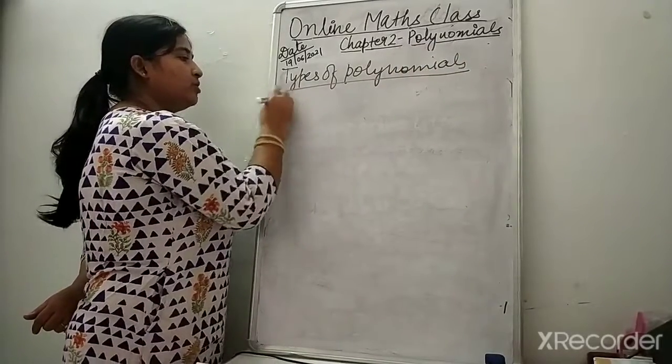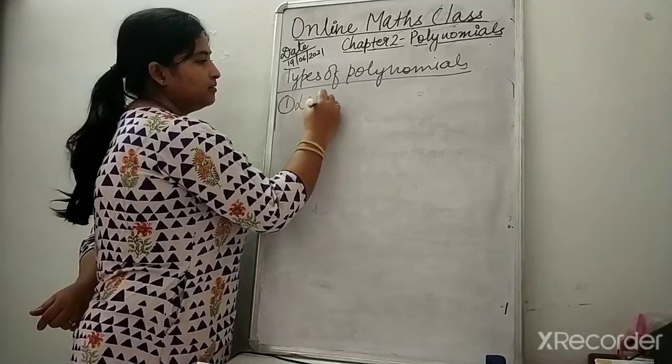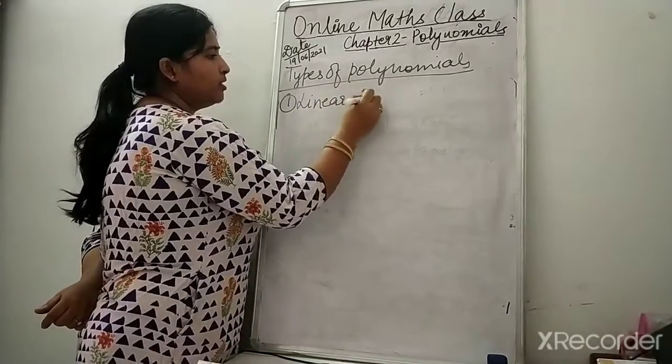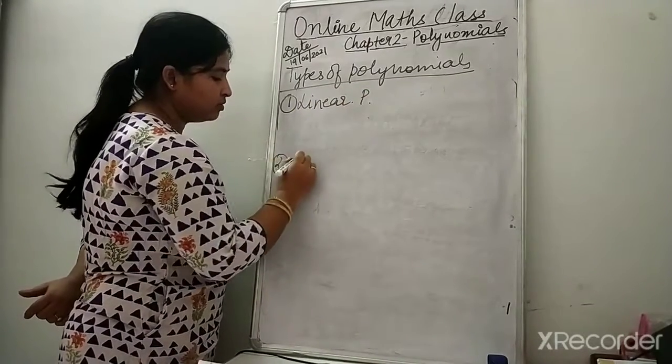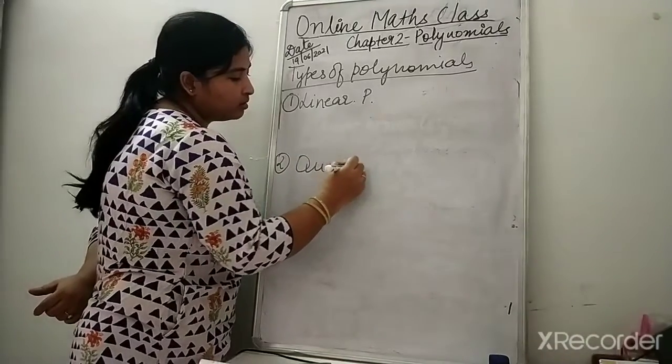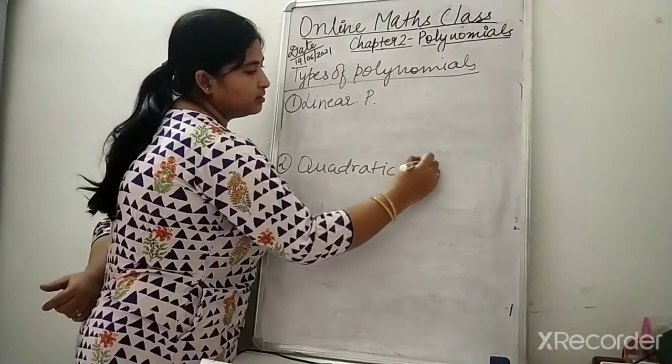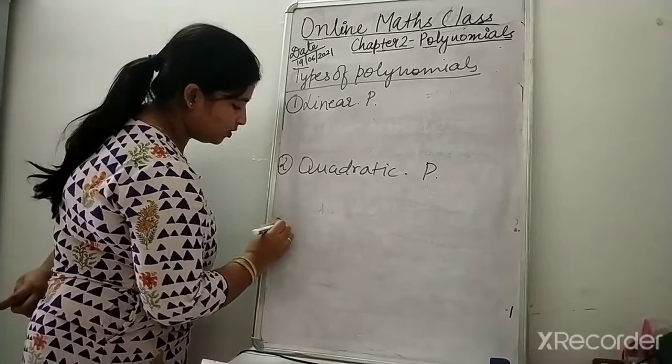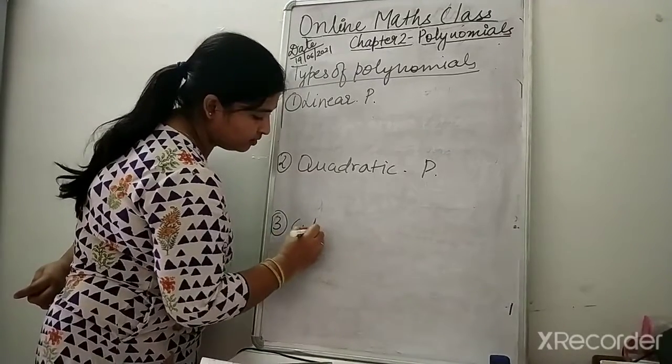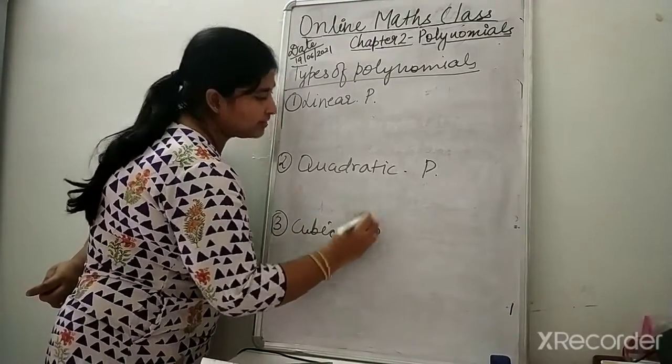There are 3 types of polynomials. First one is linear polynomial, second one is quadratic polynomial, and the third one is cubic polynomial. We will discuss them one by one.